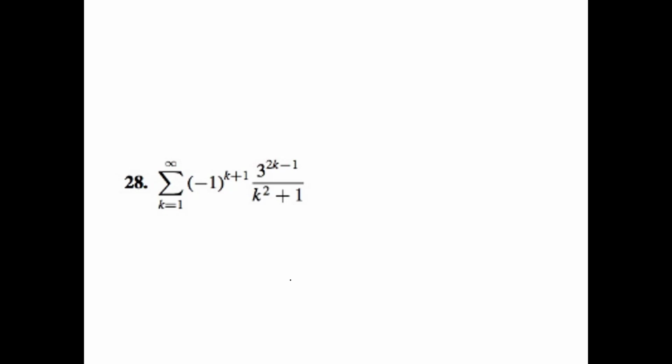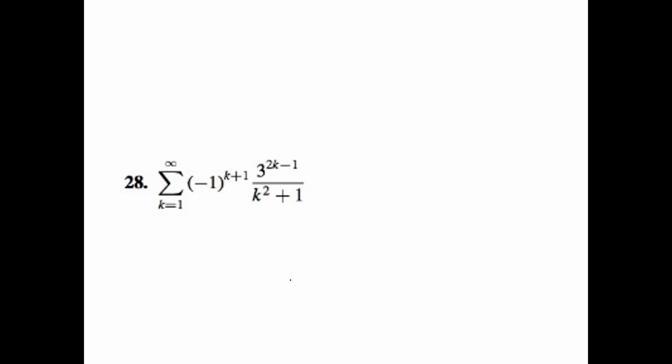Now you should have some intuition as to how fast things grow. You should see that in the numerator you have an exponential function with a base of 3. And so that's going to grow pretty quickly. So as k goes off to infinity, that numerator is going to go off to infinity. So no need to start looking at the absolute value right away.